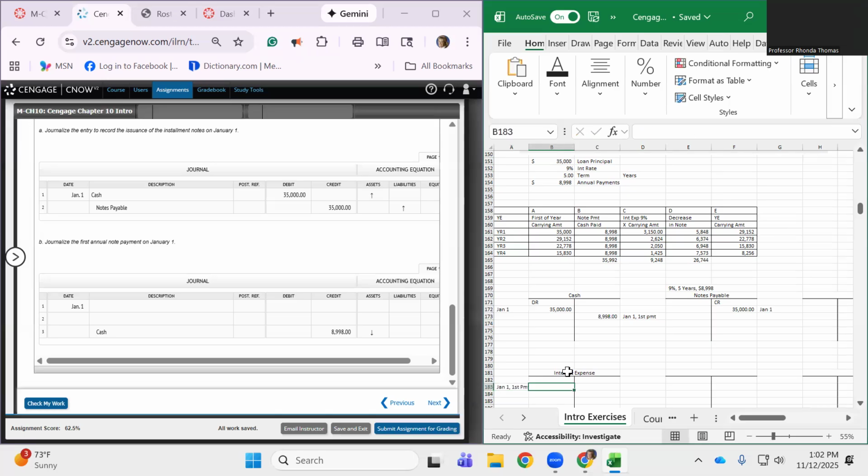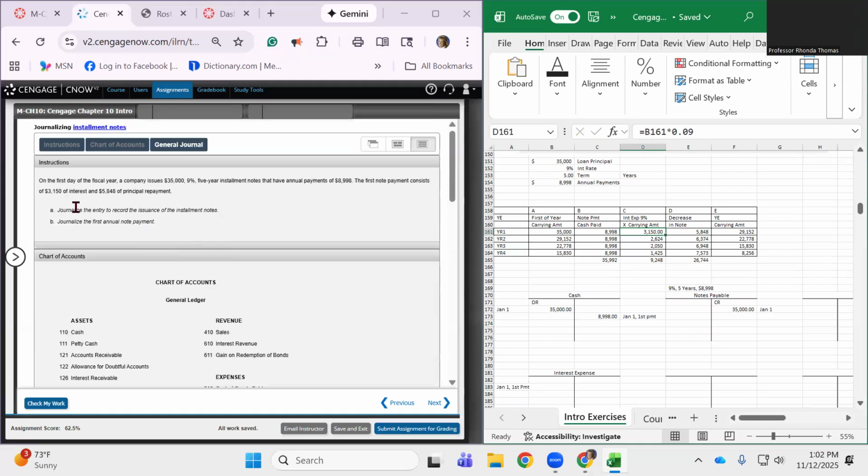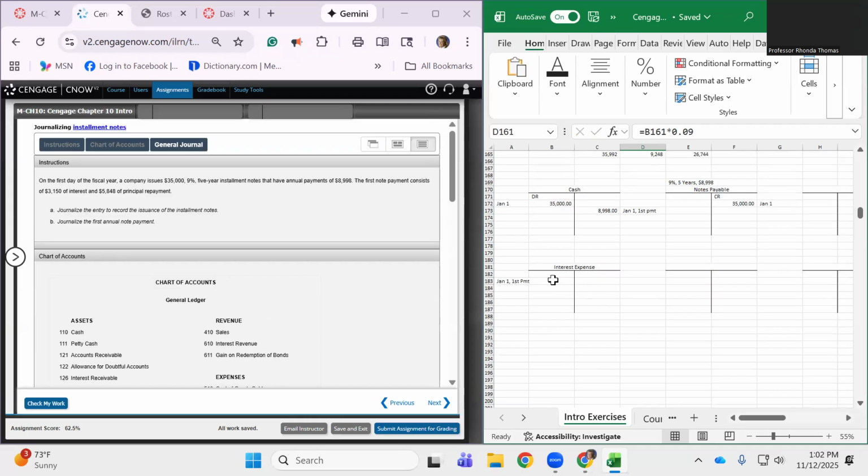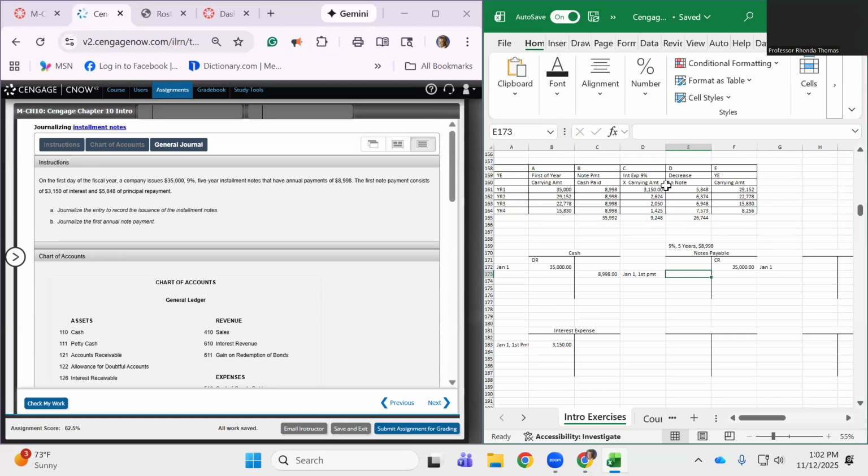It says that the interest is $3,150. Is that what they're telling us also? Yes, it's $3,150, and I just proved it here in this little table. So we're going to record $3,150 in interest expense, while the other part of this is going to be the principal going down, so the decrease in the note.